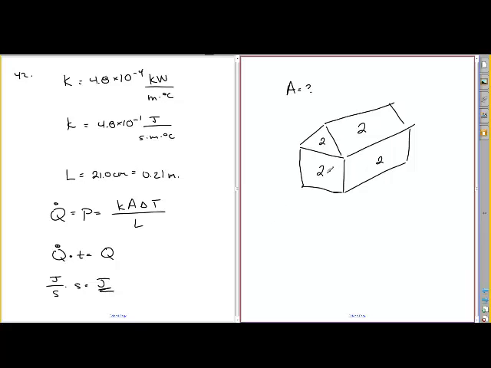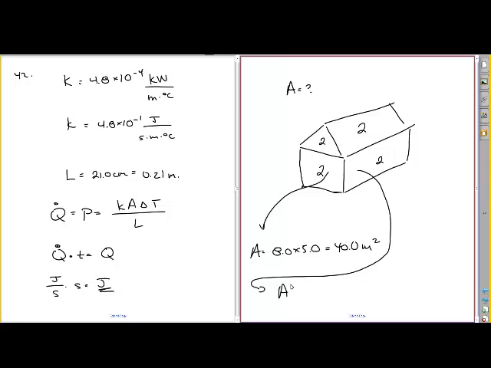So this area right here, we'll just draw a line over. This area is just 8 times 5, because this is 8 and that's 5. So those are meters, so we get 40 meters squared. And we'll multiply that by 2 in the long run. Okay, let's do this one. This is another easy one. That is 10 by 5.